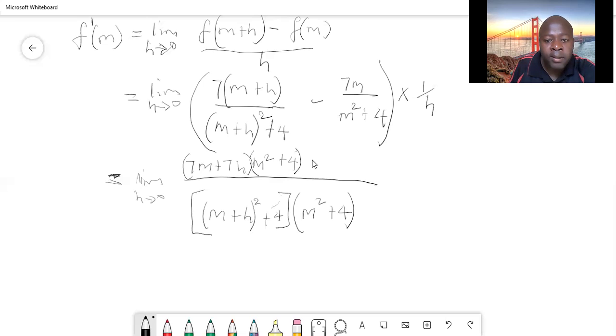And then minus this one, this denominator will go here, m plus h squared plus 4. So then what I have here will be 7m into, let me just expand this, m squared plus 2mh plus h squared, and then plus 4.